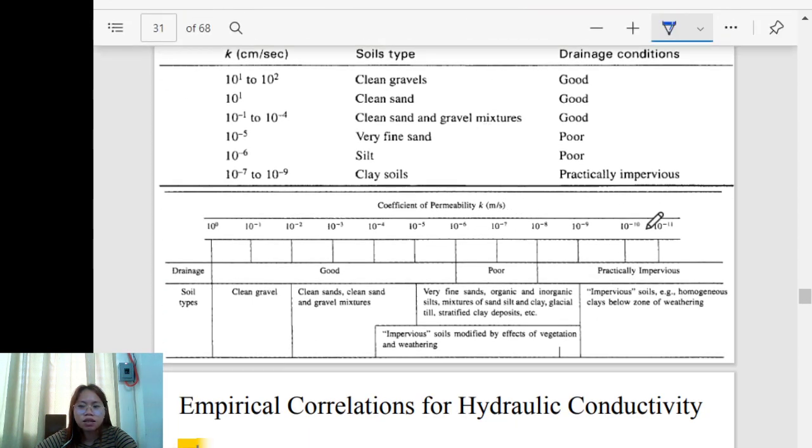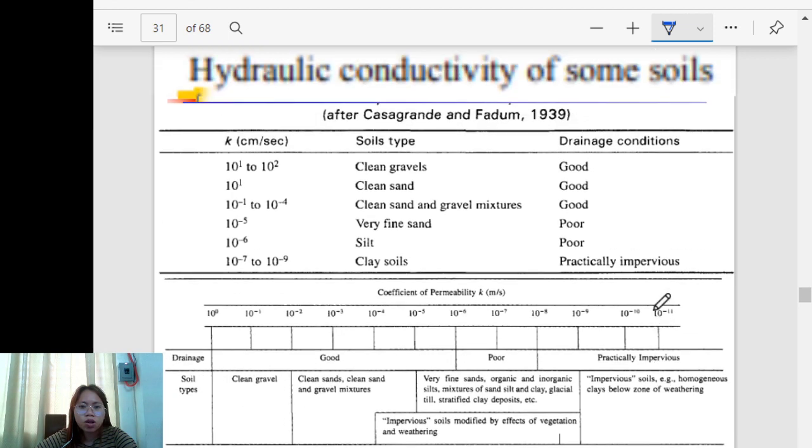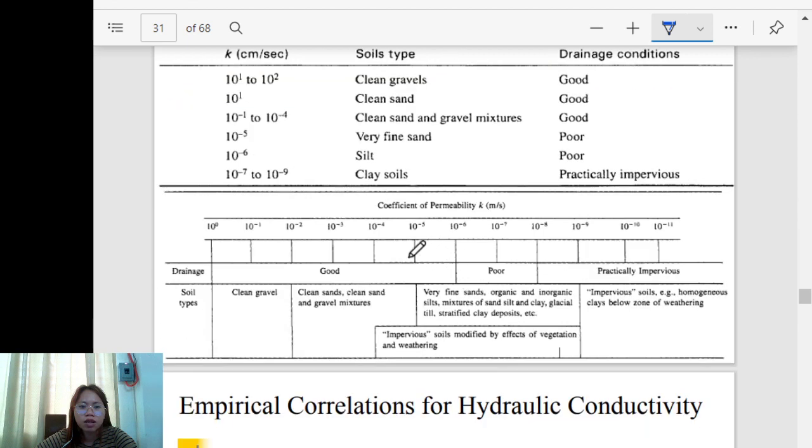We have still a description or a differentiation of the different soil types. Actually, it comes from the table, it is just graphed. From 10 to the 0, yes, to 10 to the power of negative 11, which is practically impervious at this point.